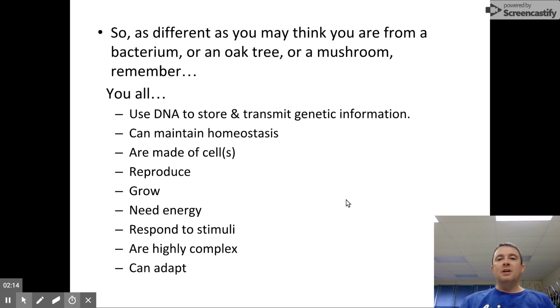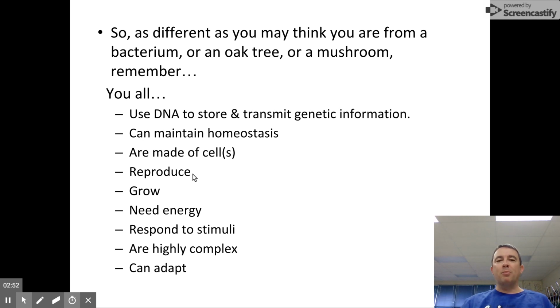So as different as you may think you are from a bacterium, an oak tree, or a mushroom, and you certainly are different from those organisms in many ways, it's important to remember that all of those organisms, including you, use DNA to store and transmit genetic information, can maintain homeostasis, are made of cells. The bacterium is made of only one, and you're made of trillions, but you're made of cells, one or more cells.